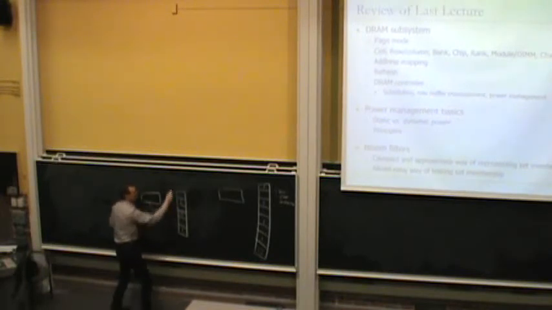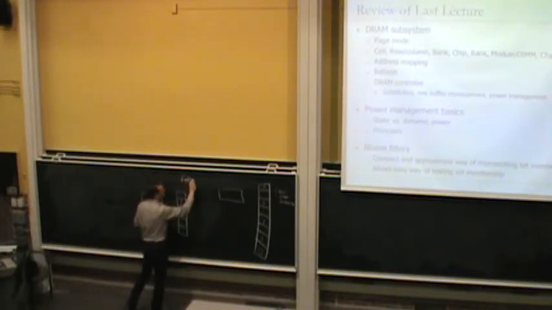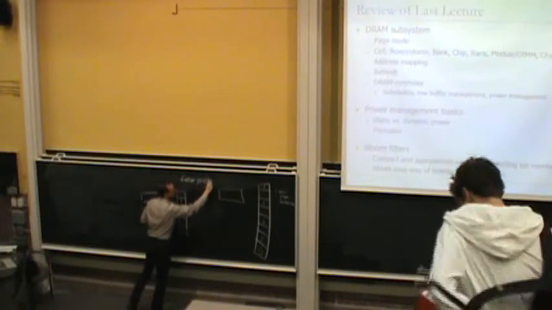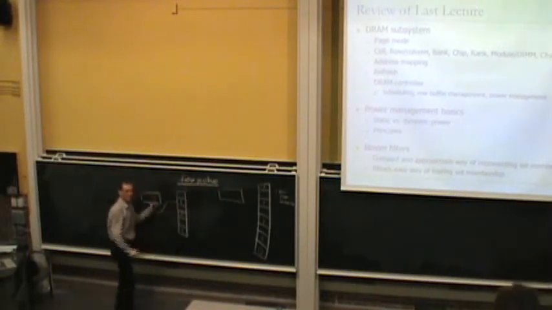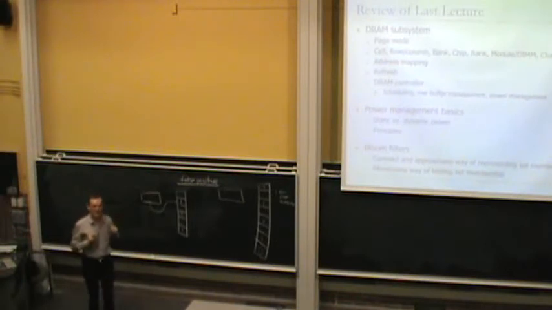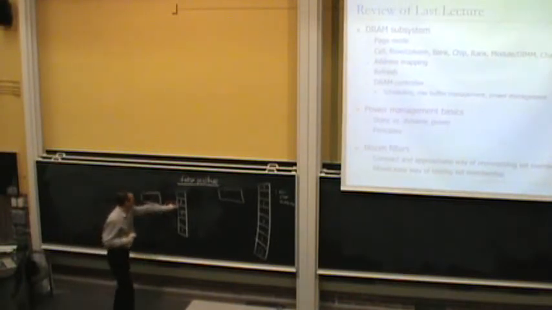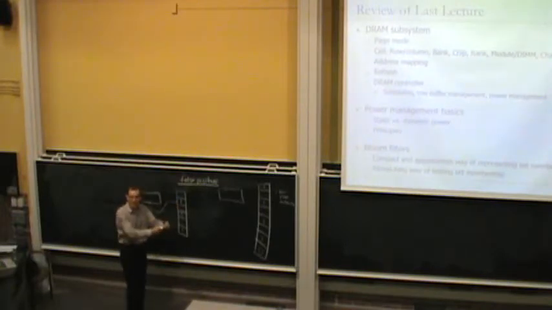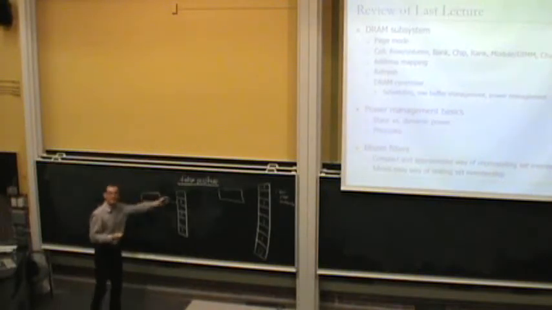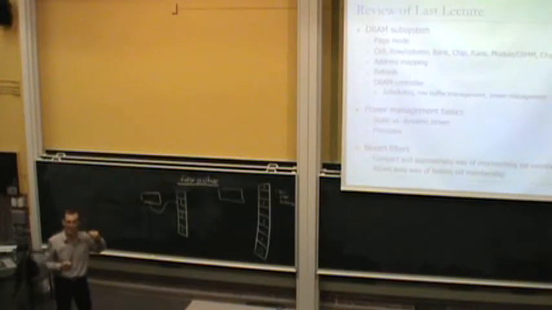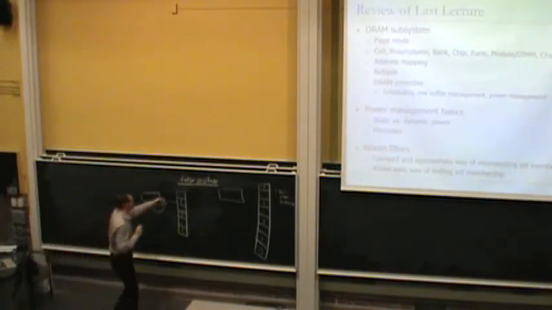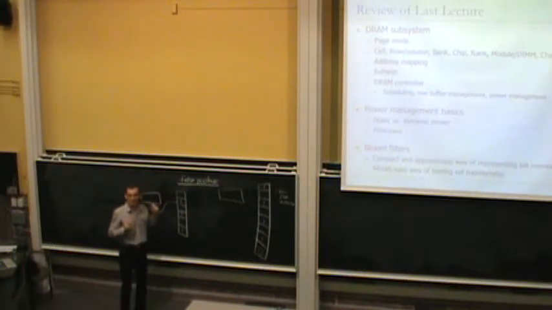This is called a false positive. Because you have fewer bits than the number of addresses that can potentially be in the set, you can have aliasing in those bits, in that multiple addresses can map to that bit. If one of those addresses is present, then you deem all of those addresses that map to that bit as present, even though they're not. So that's why it's an approximate data structure.